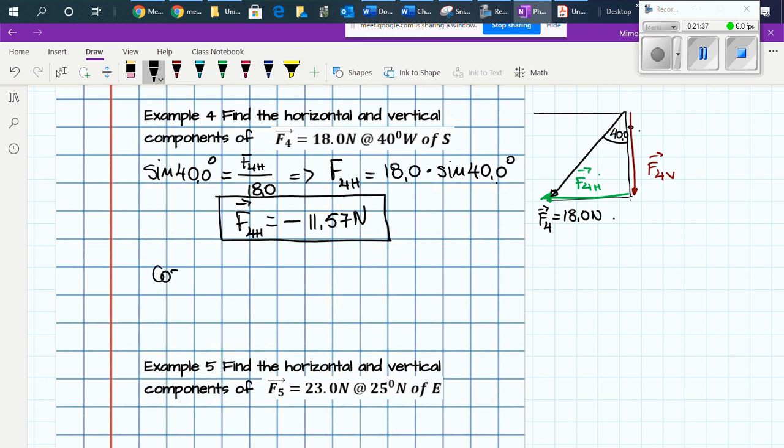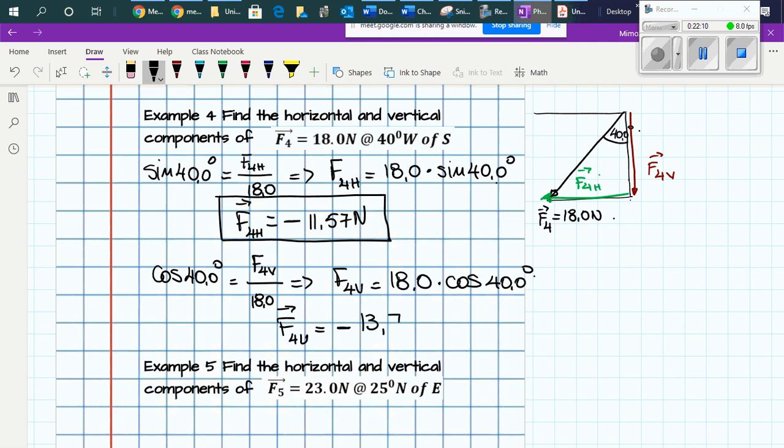And then the other one is cosine. So cosine 40 is F4 vertical over 18. From here, F4 vertical will be 18 times cosine 40. So F4 vertical is negative because it is going south, so it will be negative 13.79 newtons.